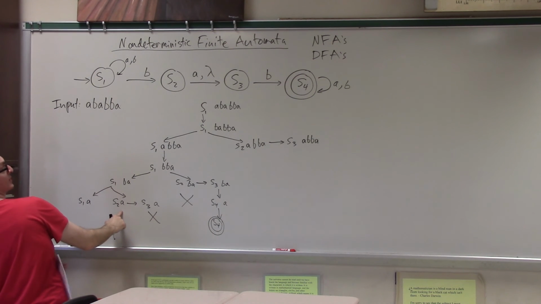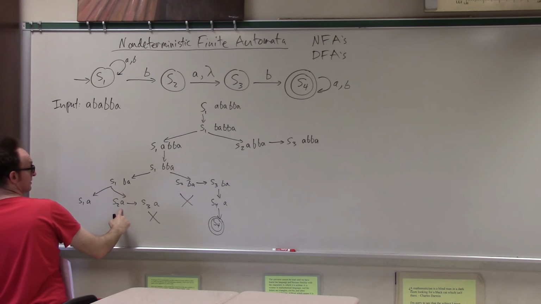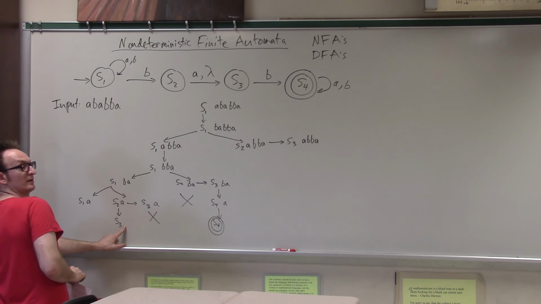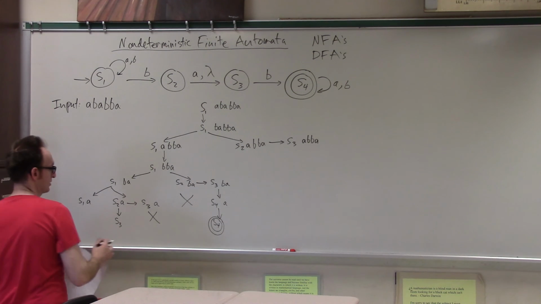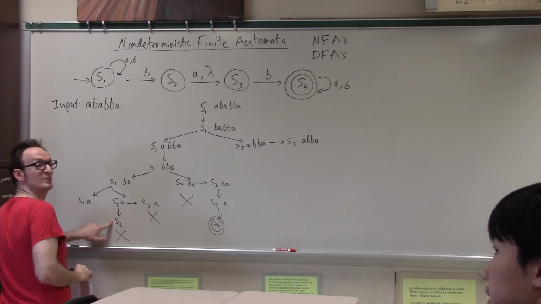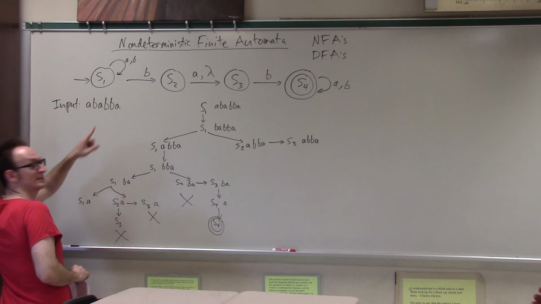What about if I'm in S2 and I read an A? I go to S3. But now, I have no more input left to process. So what happens? You could think of that as a die in the sense that we reject the string, because we finished processing the string in a non-accept state.